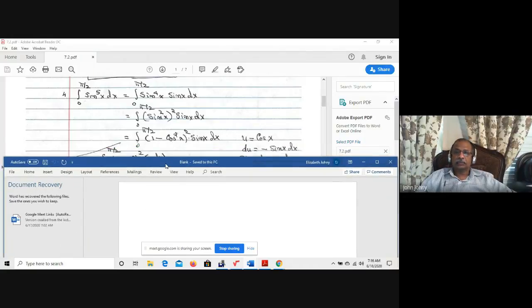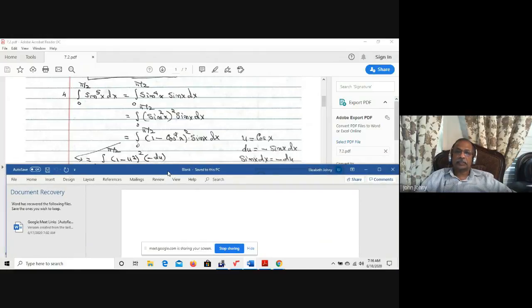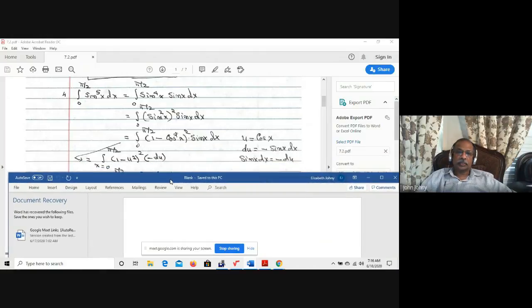Again, the substitution is u is equal to cos x. So du is negative sine x dx, and so sine x dx is negative du. So here the integral becomes, x varies from 0 to pi over 2, 1 minus u square the whole square times negative du.